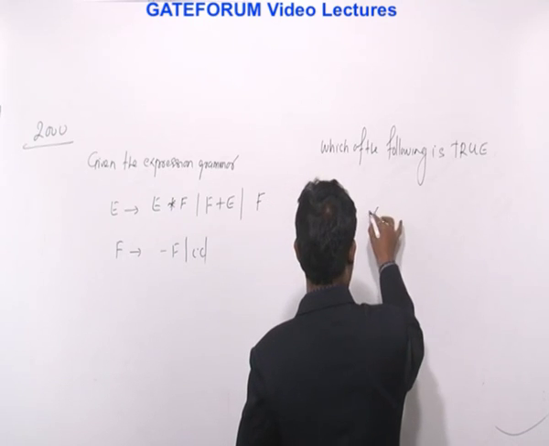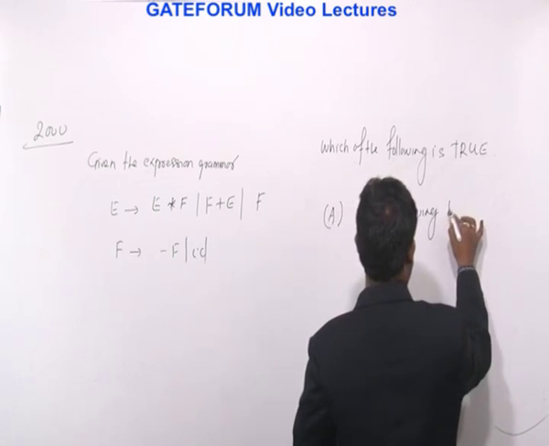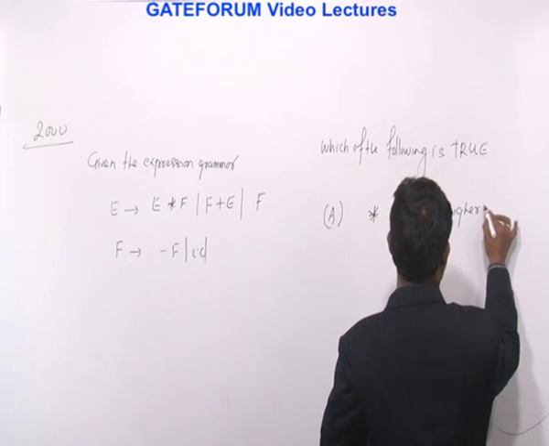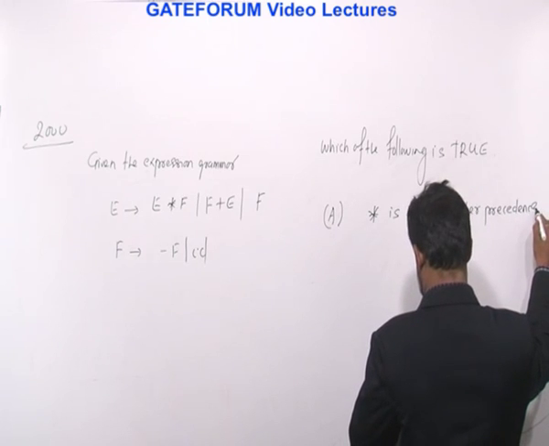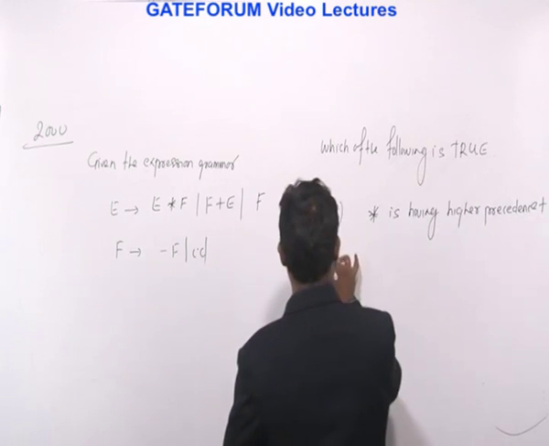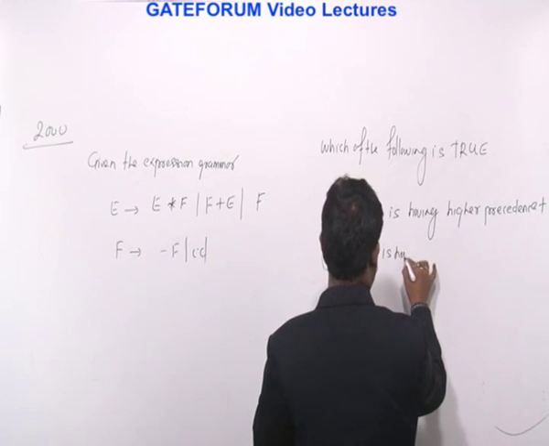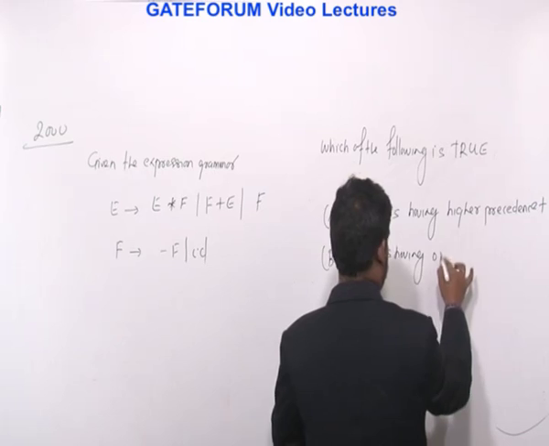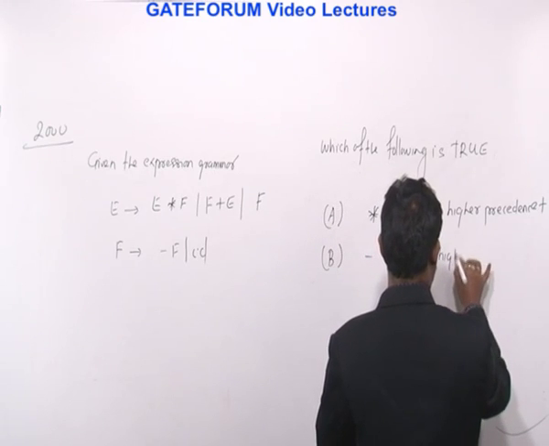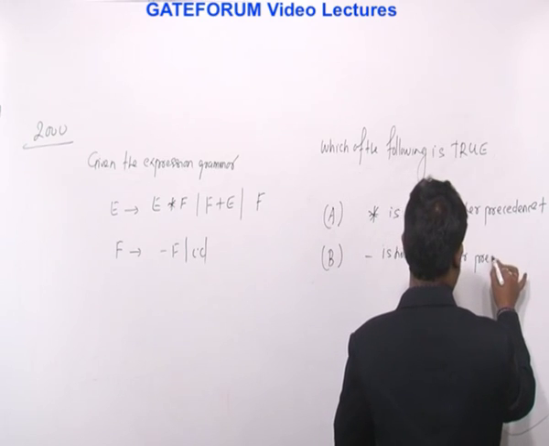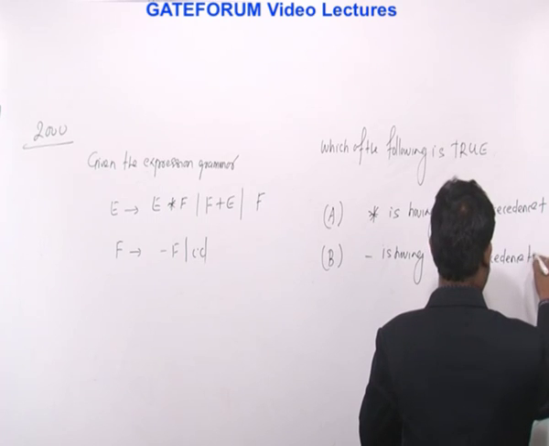Option A: multiplication is having higher precedence than plus. Option B: minus having higher precedence than multiplication.